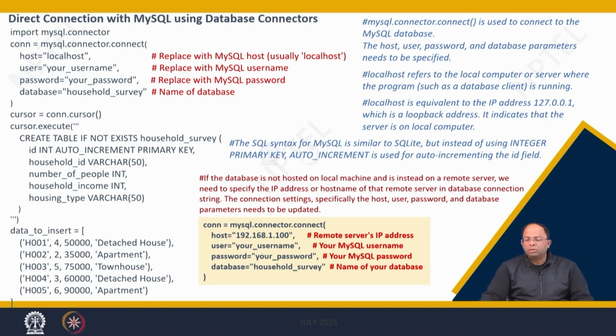This is used to connect to the MySQL database, and we have to put in the host name, the username, the password, and any other parameters like the name of the database that you want to access, which in this case is household survey, right?